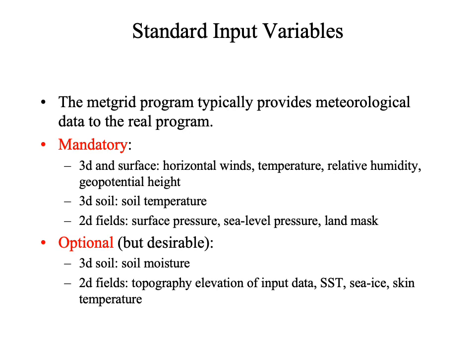Most users do not have to worry about the specifics of the vertical coordinate of the input data that's being provided by WPS, nor do they have to worry about the specific fields that are being provided from WPS. There are a number of known data sources that the UNGRIB program has vtables to interpret.